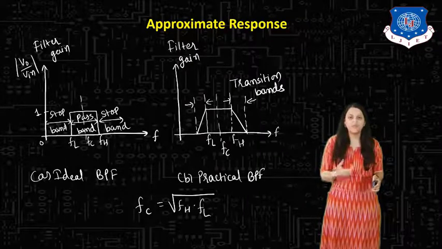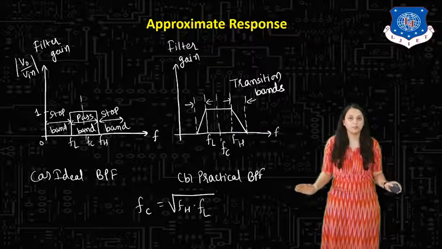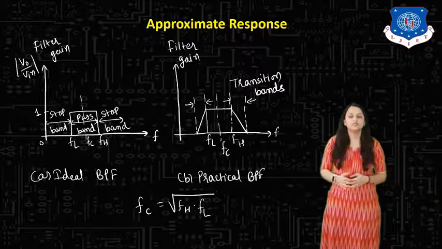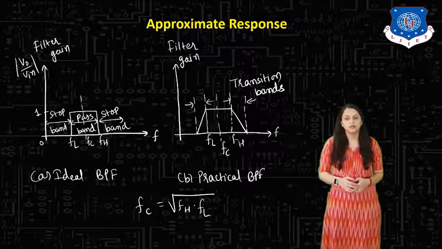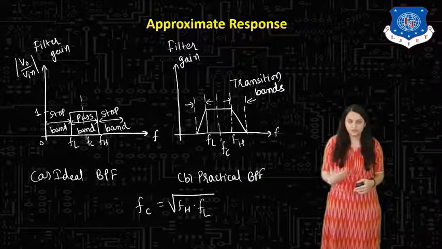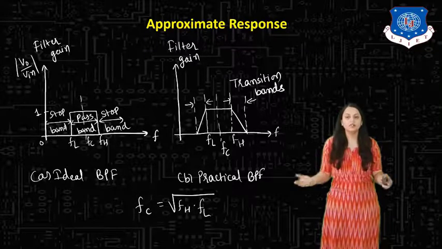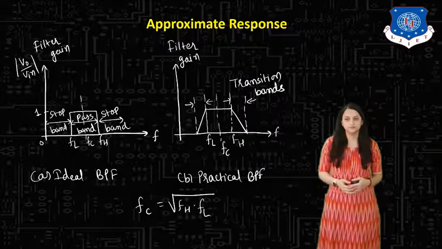This range will be in the pass band and the other frequency ranges will be in the stop band. As you can see in figure A, the range from FL to FH, with the cutoff frequency Fc, is in the pass band and the other bands are in the stop band.